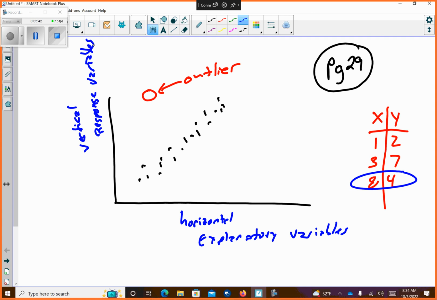And sometimes it's kind of hard to decipher why something would be explanatory versus response, especially if you're doing two measurements of your body, the distance from your pinky to your thumb and your height. Would the height dictate the size of your hands, or would your hands dictate your height? It kind of is goofy to think about, things going back and forth.